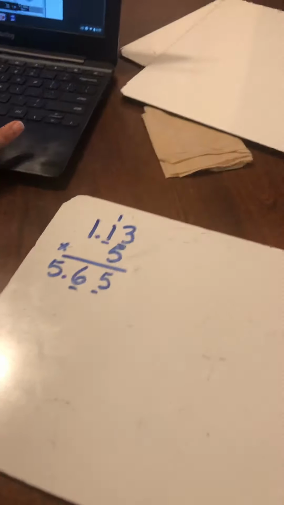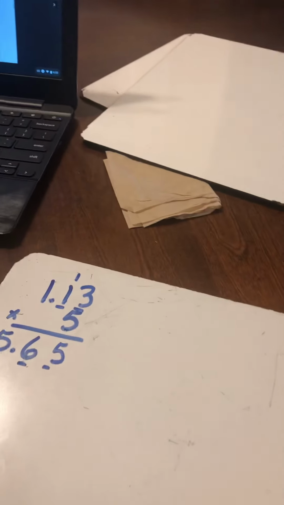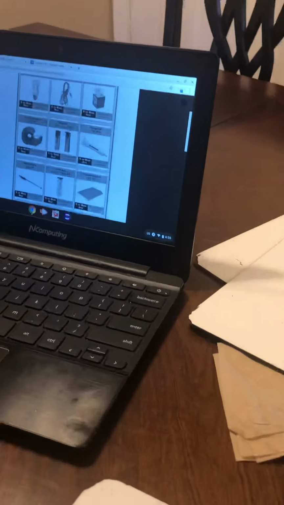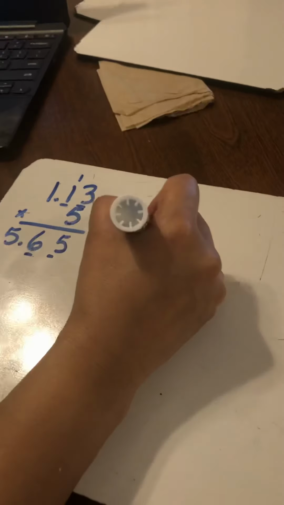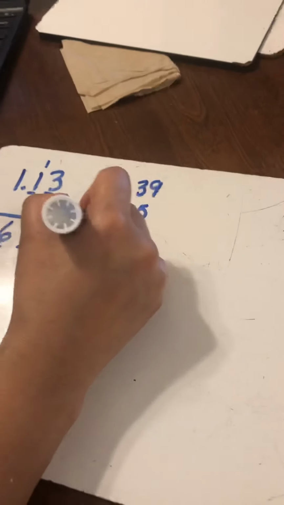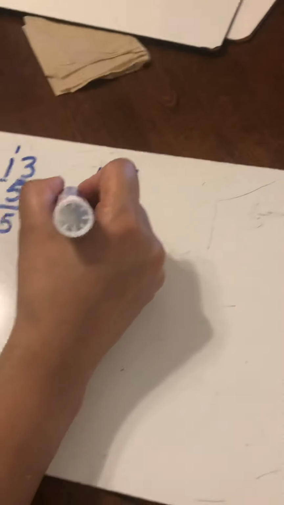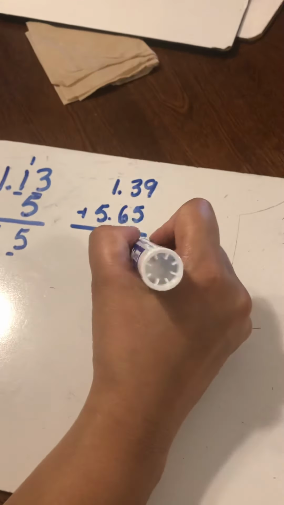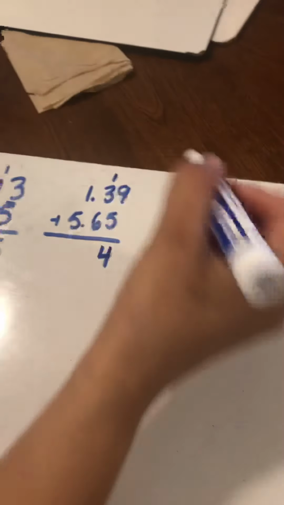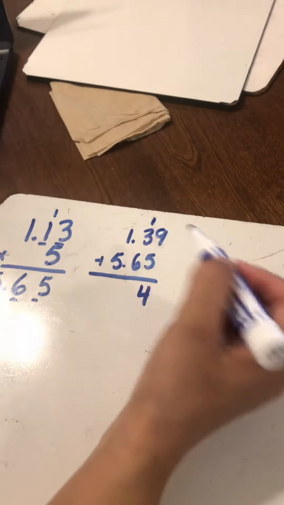And the toothpaste, because he's only buying 1, I'm going to look at the price at the top, $1.39. So he spent $1.39 on the toothpaste plus $5.65. And it wants to know how much he spent in total. So we have to add these 2 numbers together. 9 plus 5 is 14. Carry the 1. 1 plus 3 is 4.